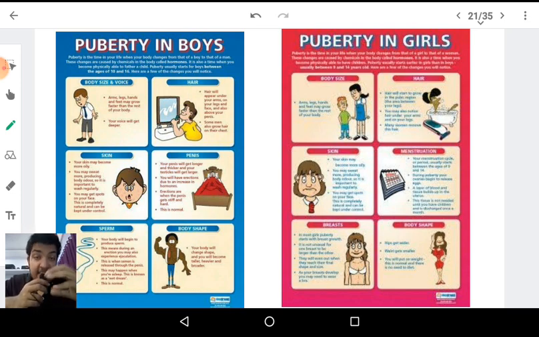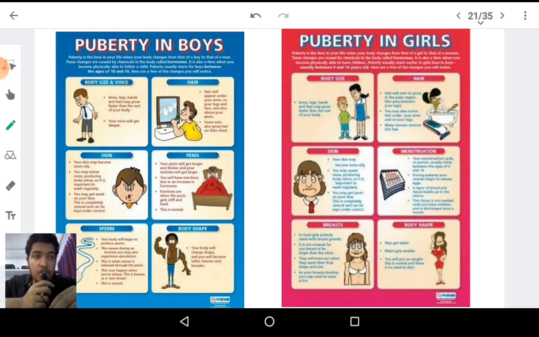Next is the changes in skin, especially the formation of pimples. Next is the process of erection of penis. Next is the formation of sperms, which begins at the age of puberty, and there can be a change in the body shape as well. Now the remarkable changes in girls during puberty include a sudden change in the body size.